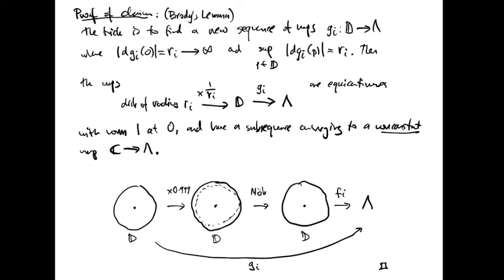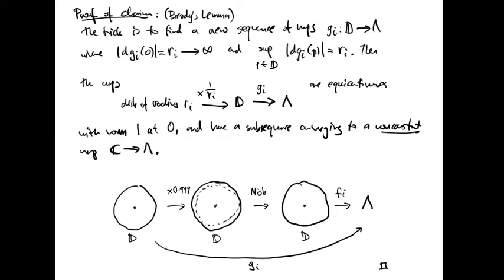If we knew that the norm of the derivative of Fi was bounded on the entire disk, we could simply find a place where it attained a maximum, or close to the maximum, and precompose with a Mobius transformation so that the maximum was realized at 0.